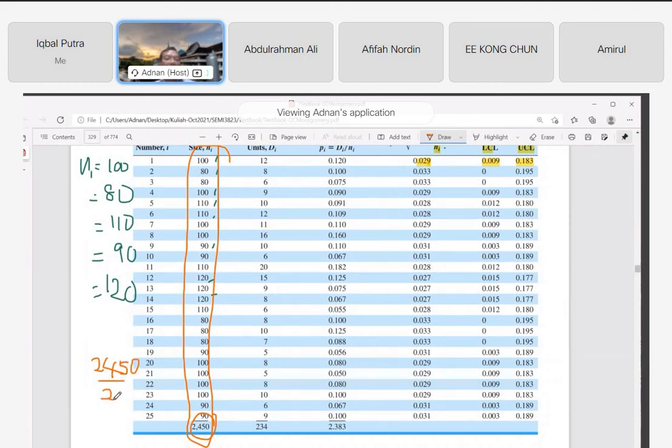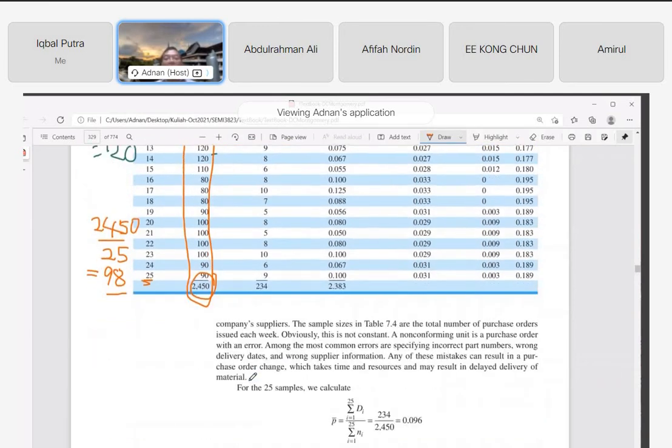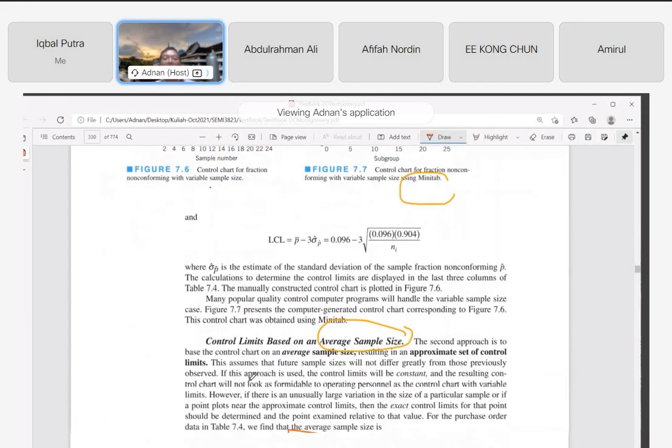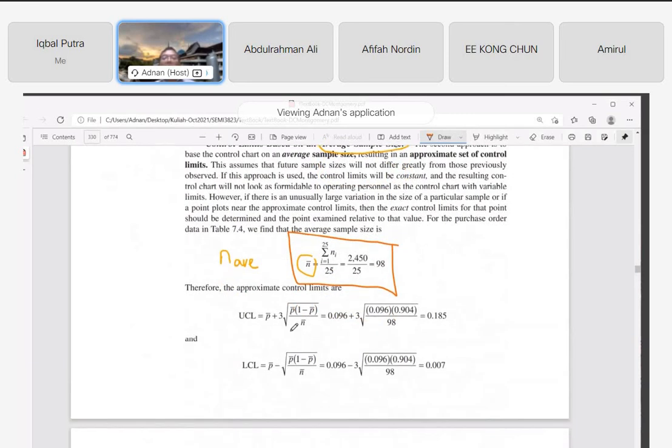Why 25? Because there are 25 samples or 25 subgroups. And then it gives us 98. Meaning that instead of 100, we just use one n value. It is 98 in this case, and this 98 is used in the calculation here, so we get new values.